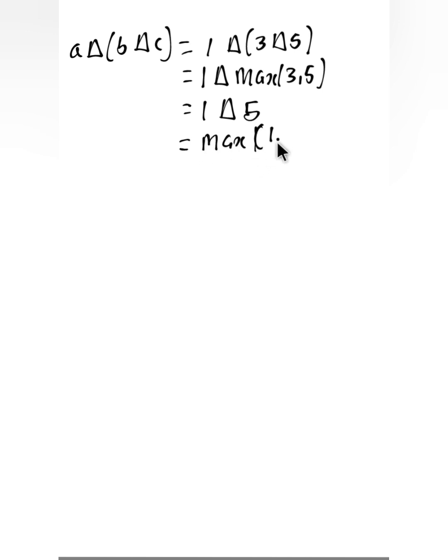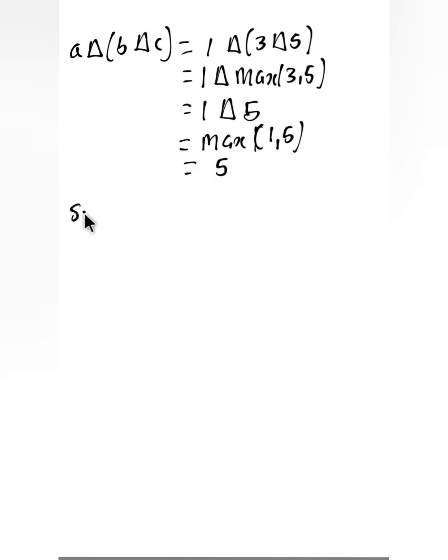So let's solve for 3 operation 5. 3 operation 5 is the maximum of 3 and 5, which is 5. So we have 1 operation 5, and 1 operation 5 is the maximum of 1 and 5. Now the maximum of 1 and 5 is 5.